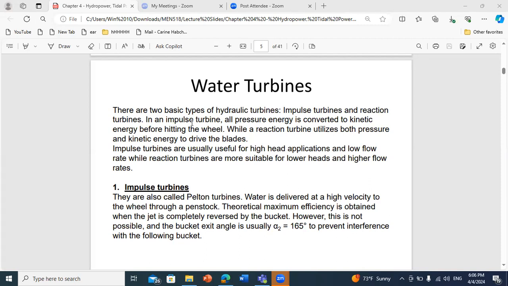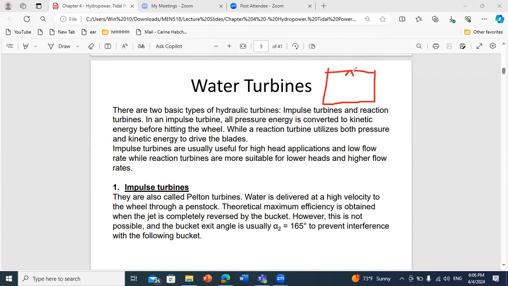In an impulse turbine, all pressure energy is converted to kinetic energy before hitting the wheel. So we know that in hydropower, the idea is to convert energy from one form to the other. First you have your dam. Energy is stored in the form of potential energy.